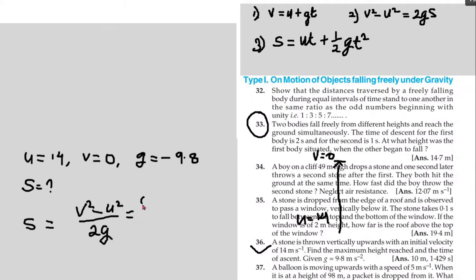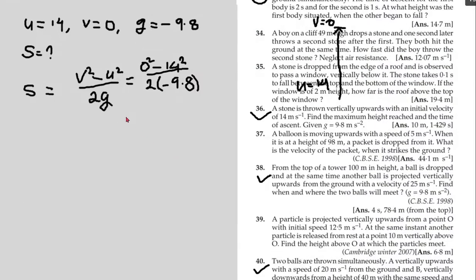Now we put the values. v is 0 here, 0 square is still 0. Minus 14 square by 2 times minus 9.8. 14 square is 196, but I have minus here. Minus is not squared, only 14 is squared.